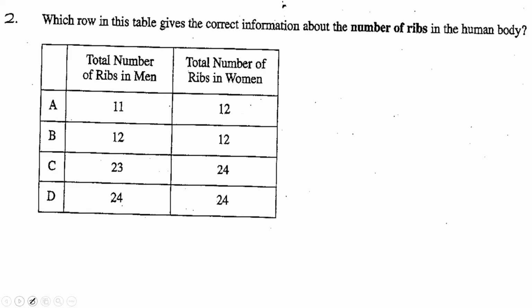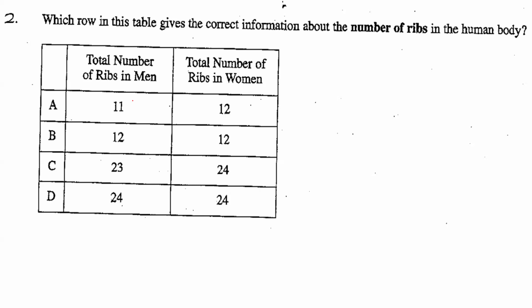All right, so let's go back to this question. Which row in the table gives the correct information about the number of ribs in the human body? So anyone want to try A, B, or C? What do you think it is? Do you think both men and women have 12?